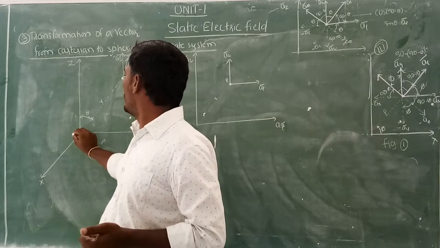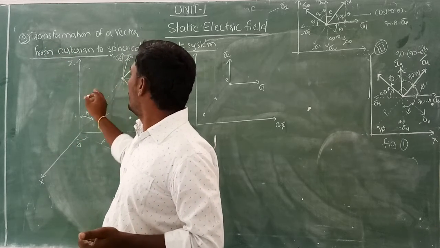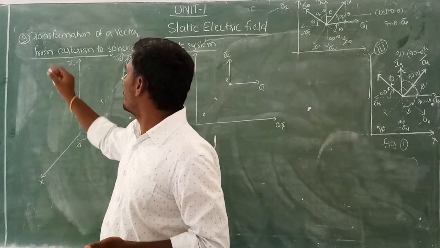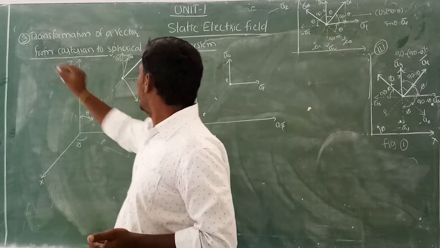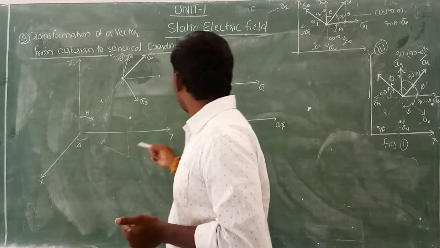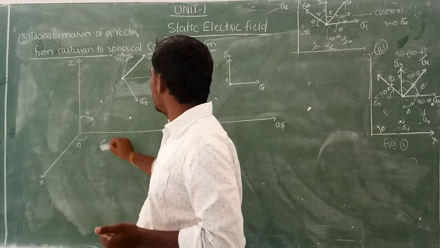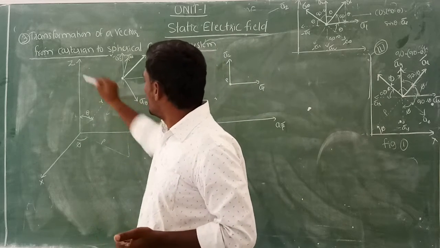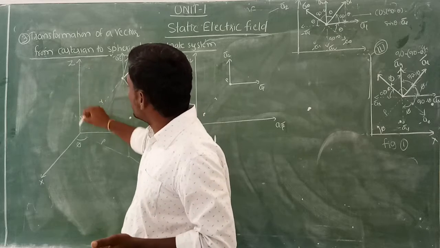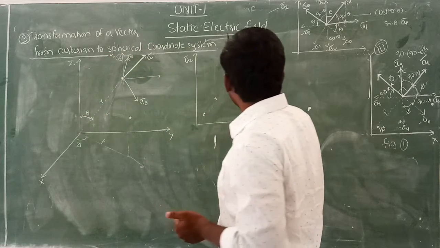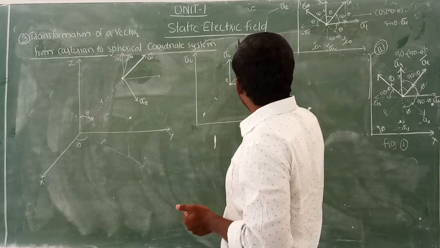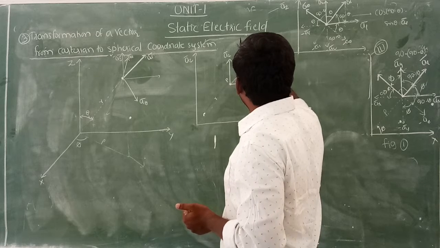If you consider a r bar in this direction, if this point is at this location, it is also a r bar. That means a r bar lies exactly in between the a rho bar vector and the a z bar vector. That is why I am representing a r bar in this direction.